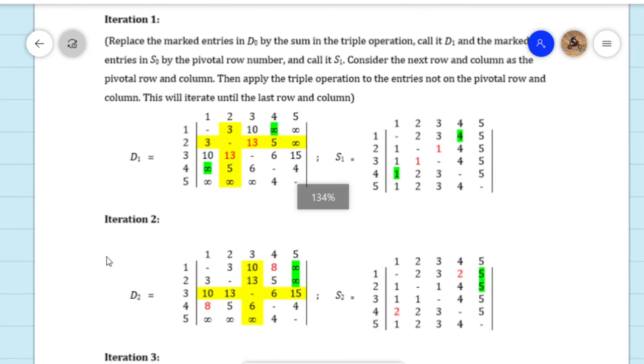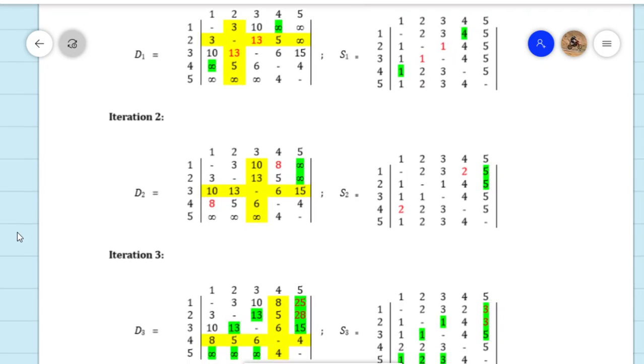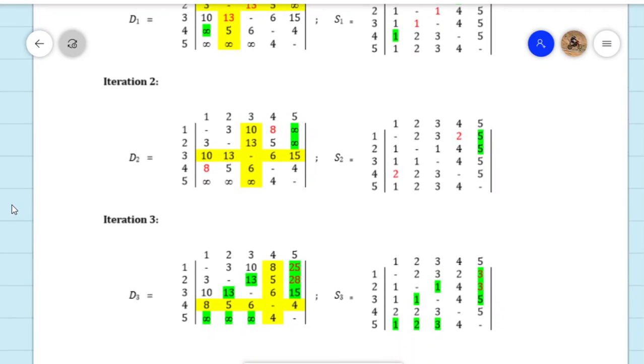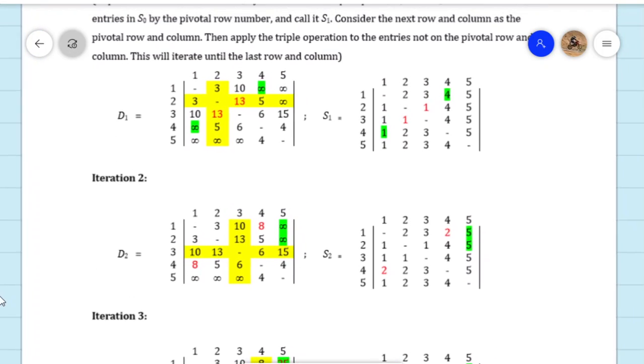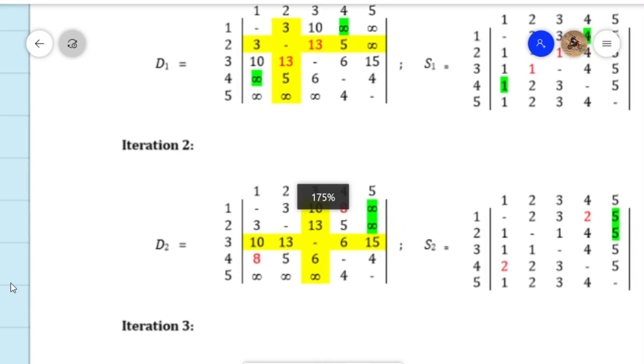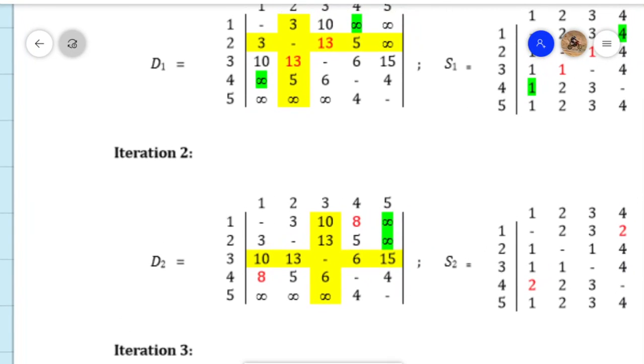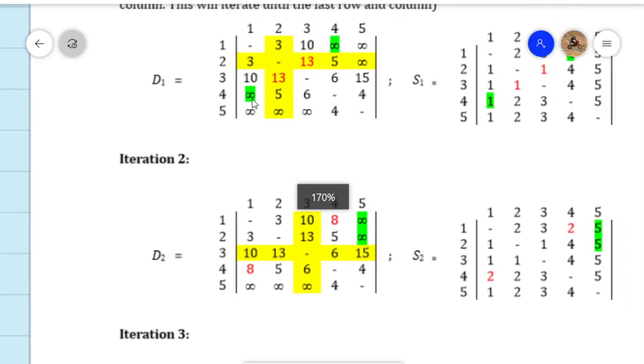We now construct D sub 2 and S sub 2. Now, for D sub 2, copy everything from D sub 1 except for those marked entries. So take note that we have marked this entry and this one.